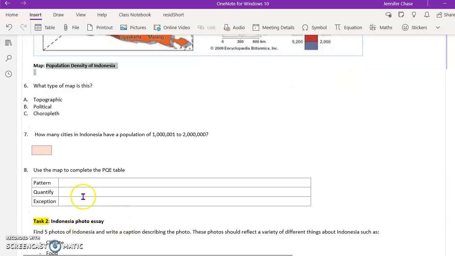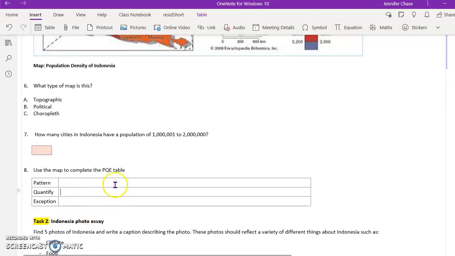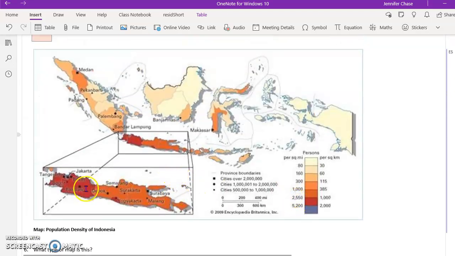So, pattern. You could definitely talk about the fact that Java is the most densely populated island. You're going to need to quantify that. So you maybe would want to tell me how densely populated Jakarta is in the blue, or you might want to say the west of this island has between 1,000 and 2,000 people per square kilometre.